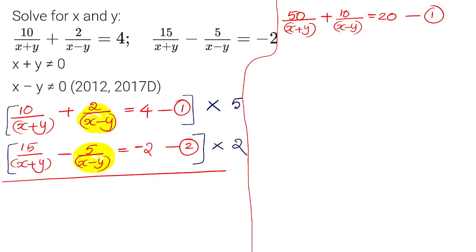Is it okay? Maya, Lina, Samarde, all of you clear till this step? Yes, sir. Okay. Now the second equation is to be multiplied with 2. 15 into 2 will be 30. 30 by x plus y minus 5 into 2, which will be 10 by x minus y.